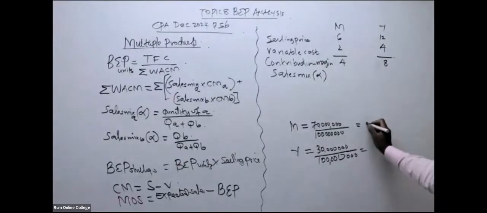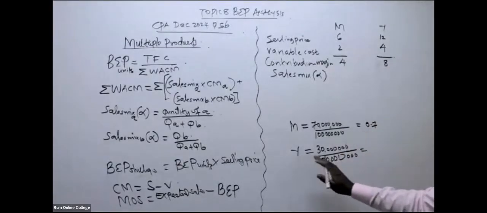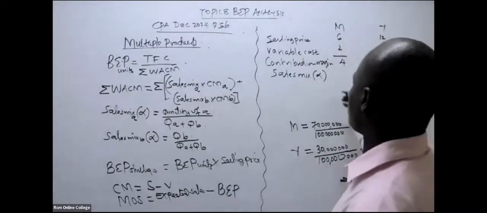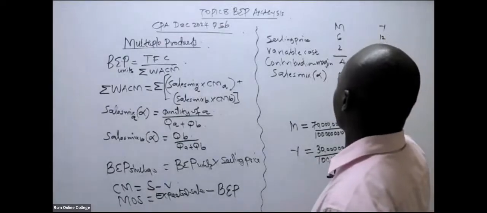M is 0.7 and Y is 0.3. So this will be 0.7, and this will be 0.3.